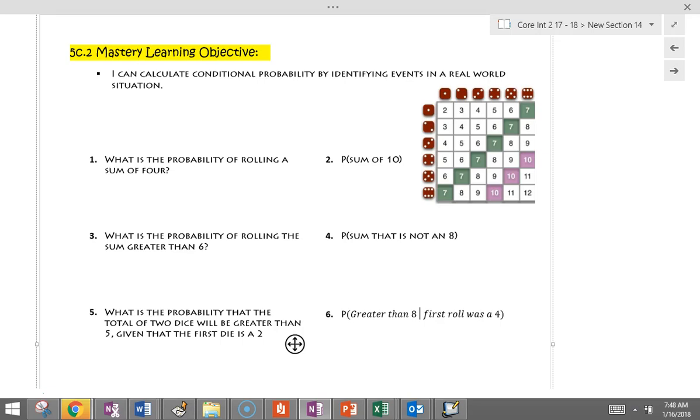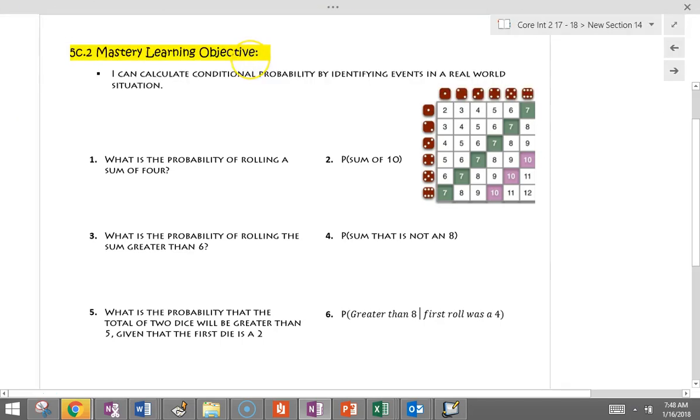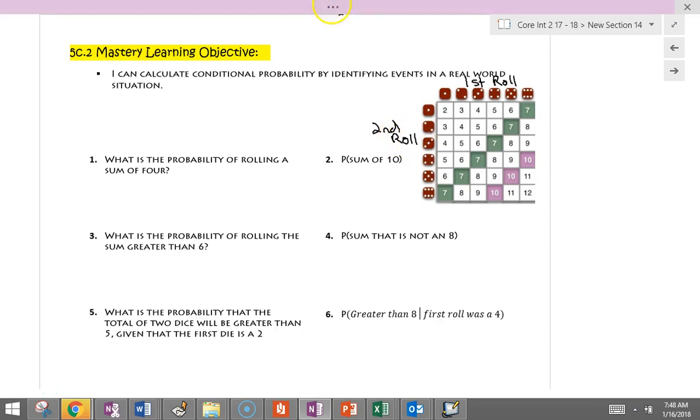So what this table shows is my first roll of my die, my second roll, and what's inside here is the sum of both rolls.